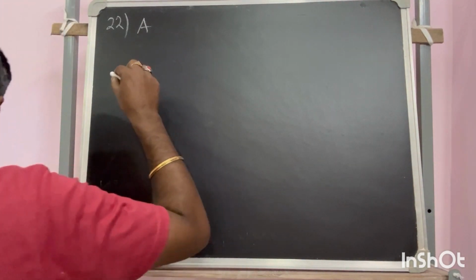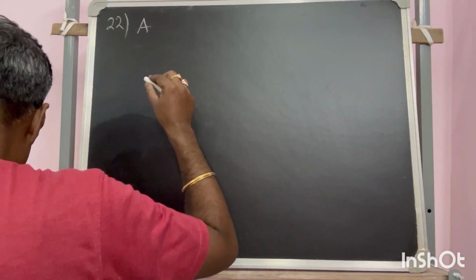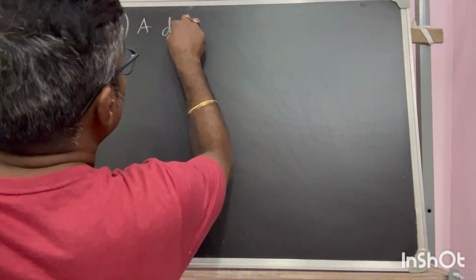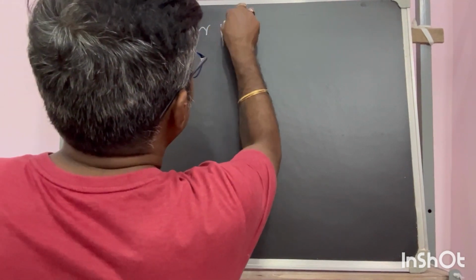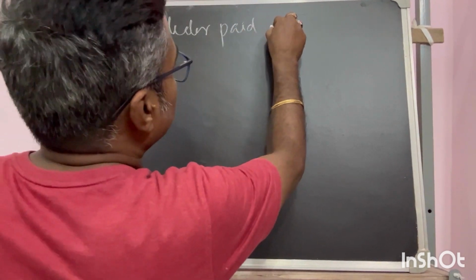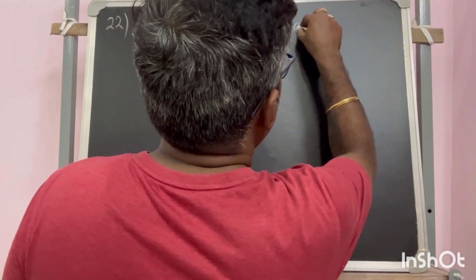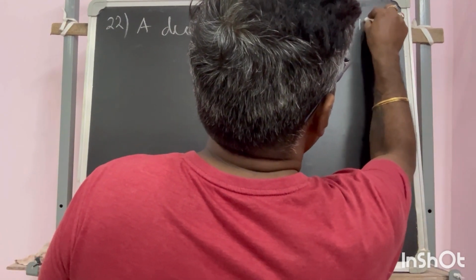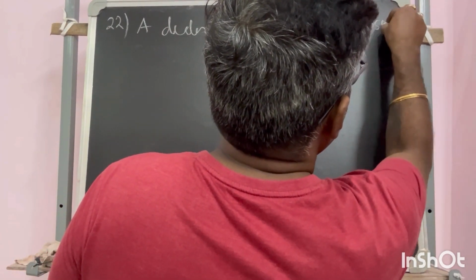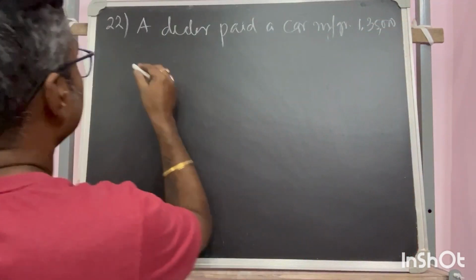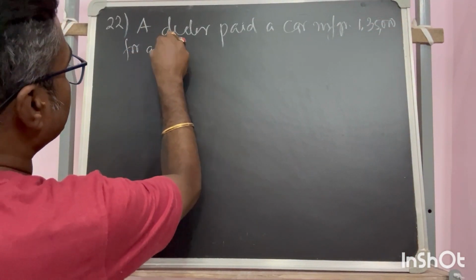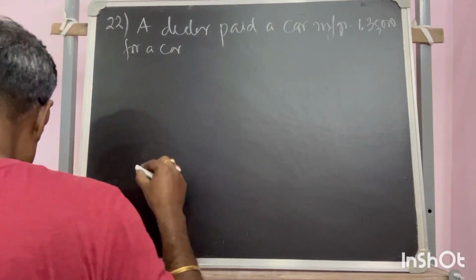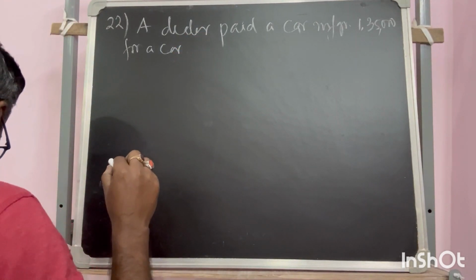The problem is: a dealer paid a car manufacturer 1,35,000 for a car.